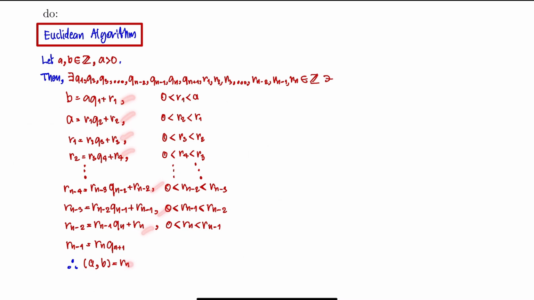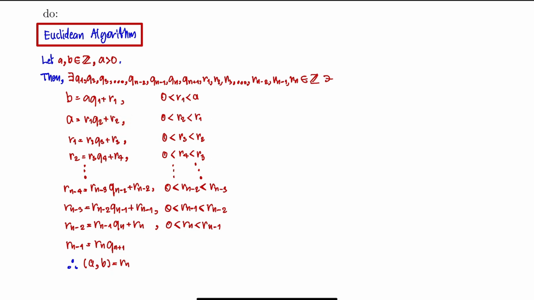You begin by dividing b by a, and then you have a remainder r1, and the remainder r1 must be less than a. The next thing you have to do is divide a by the remainder r1. Then you have the new remainder, which is r2.